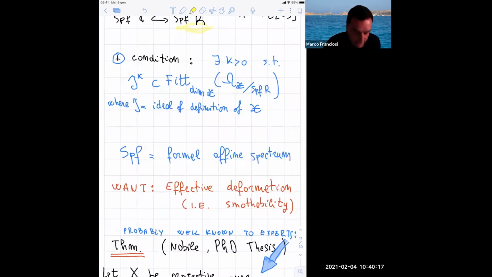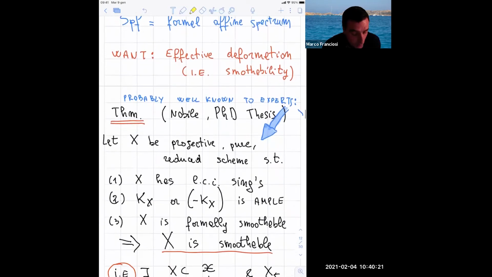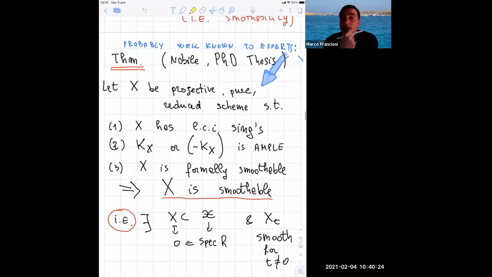algebraic varieties. And the following result is helpful, which probably is well known to experts, but we did not find a suitable reference.